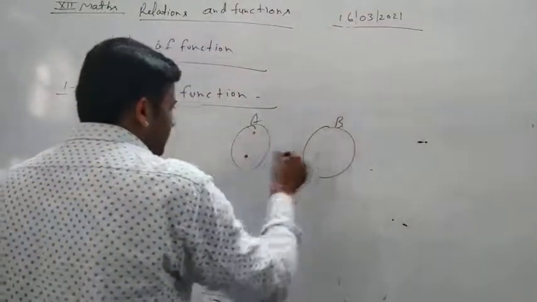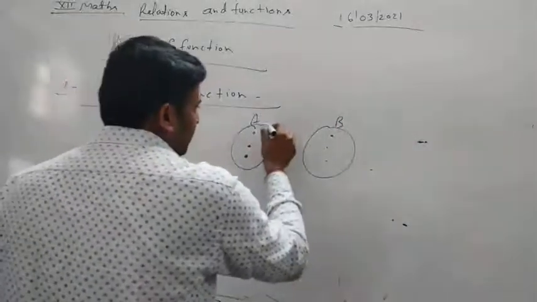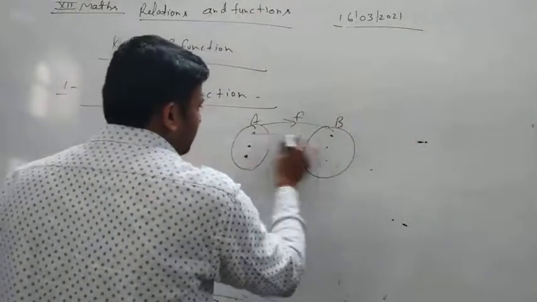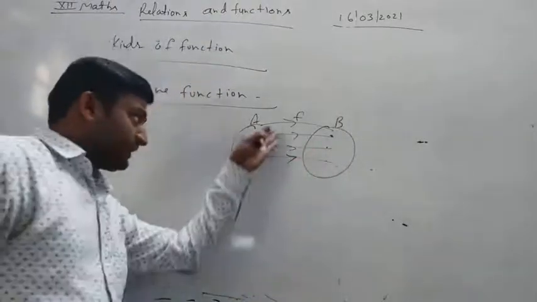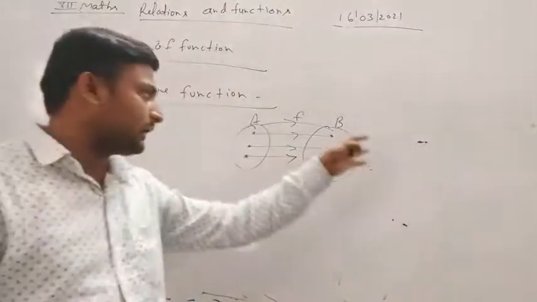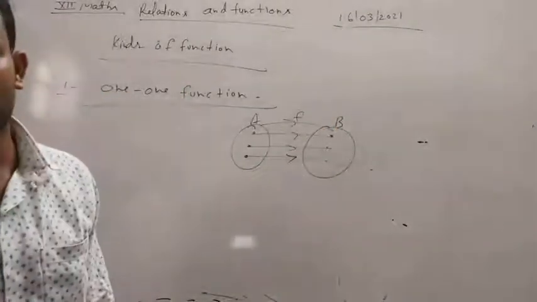Like this. If, students, we are taking 3 elements and getting the image of this and this, each element of set A is uniquely related with an element of set B. This is called a one-one function.